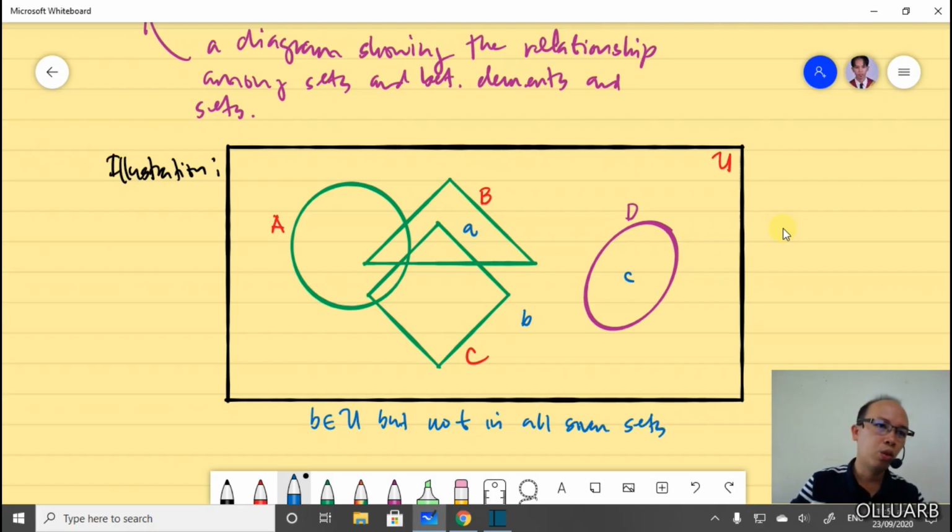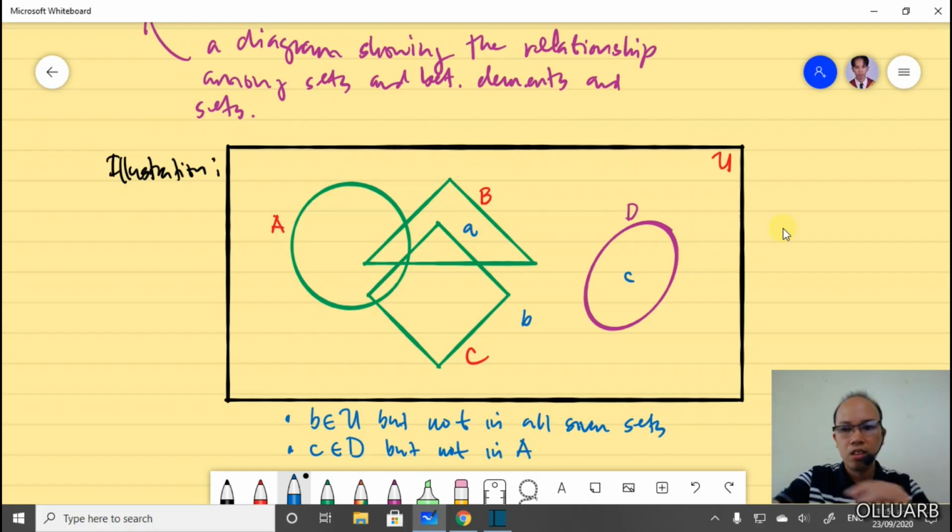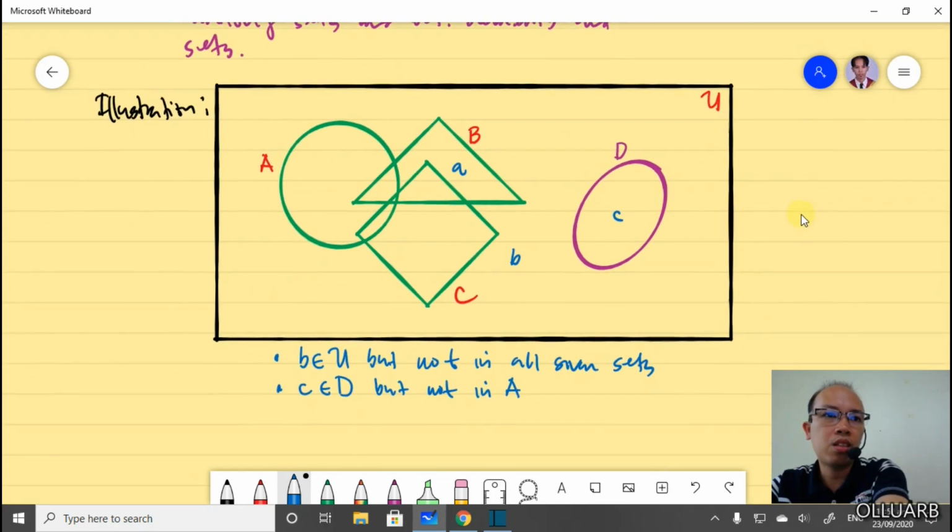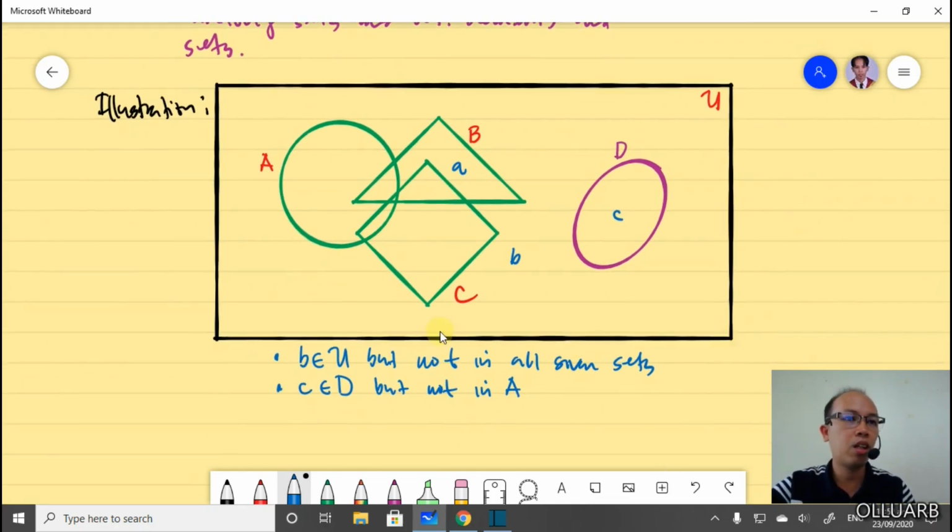Or probably you can write C is an element of the set D, but not in A. You can also write a description that way, and there are so many other descriptions that you can extract in this diagram.